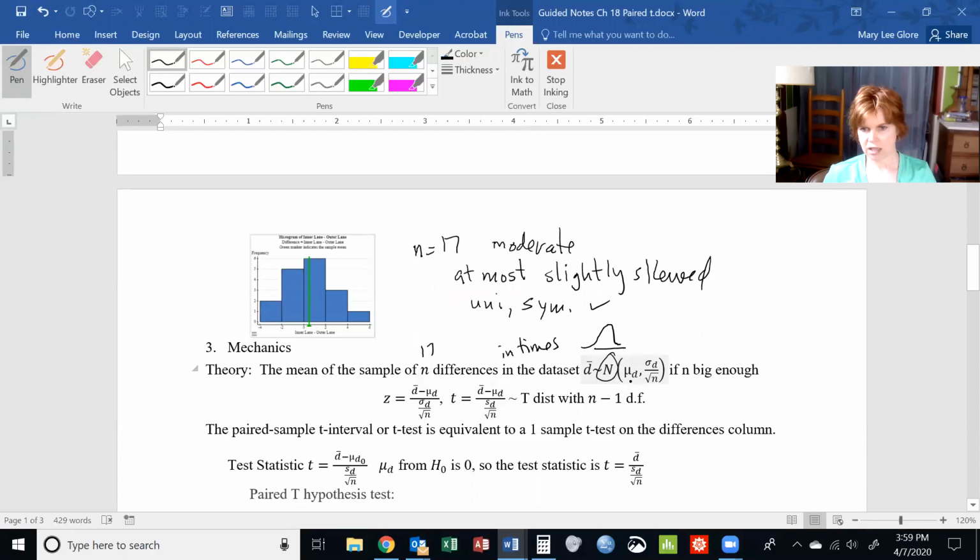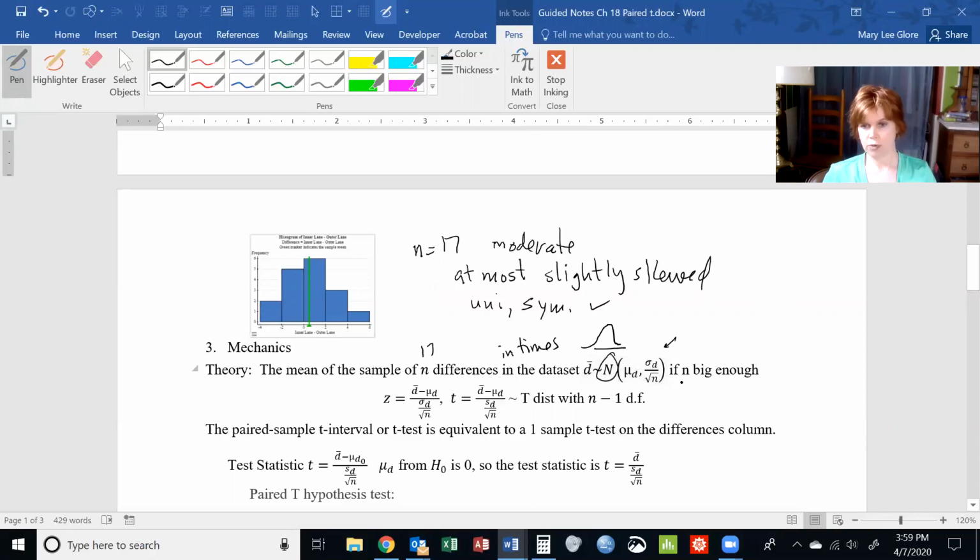And the mean of those sample differences should be mu d, the population difference. That's my advantage to either lane. And with standard deviation sigma d, which is the standard deviation of all the differences in the population, and then n is my sample size, which is 17.